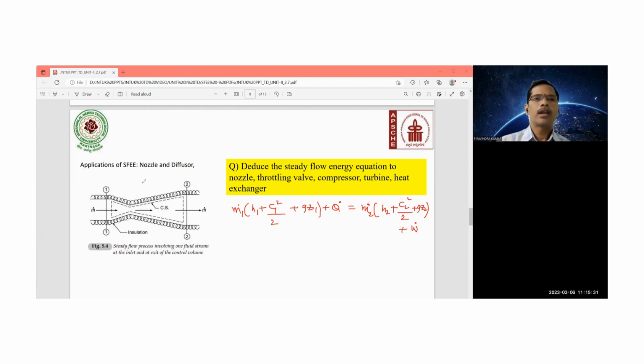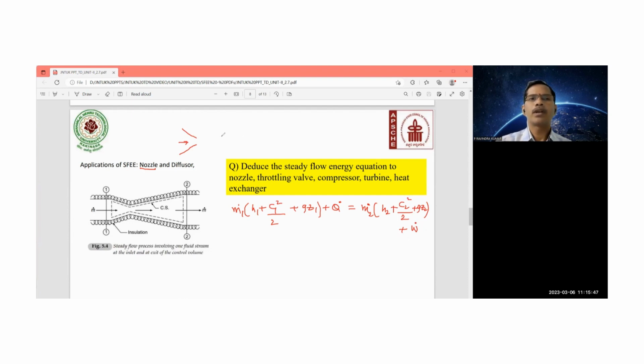Now the nozzle here is a convergent nozzle, and it is used to increase the kinetic energy of the flowing fluid.